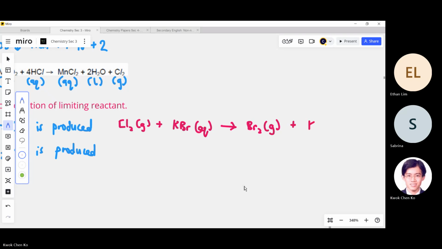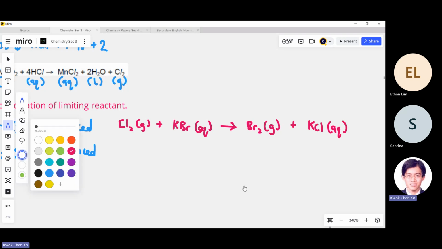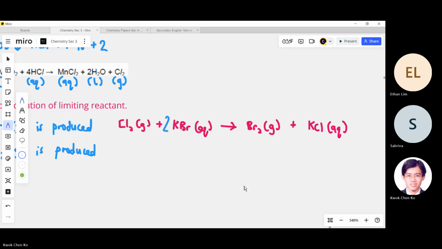And you have KCl formed. Balance it. And Dylan, make sure you get the equation correct. How about the explanation? Oh yeah, no need to write. I just write to show you.